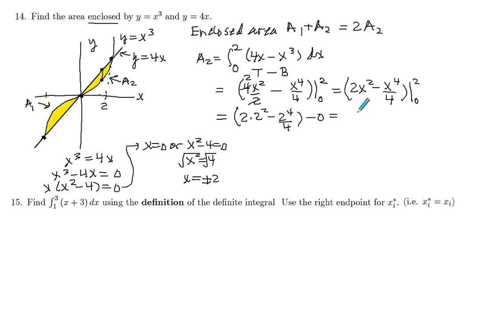So 2 times 4, that's going to be 8, minus 2 to the 4th is 16, divided by 4 is 4. So that's 4. So area 2 is 4. Our total enclosed area is twice that. So this is going to be 2 times 4, which is 8. So try to use symmetry if possible, and if you do use symmetry, don't forget to multiply by 2 when you get done.